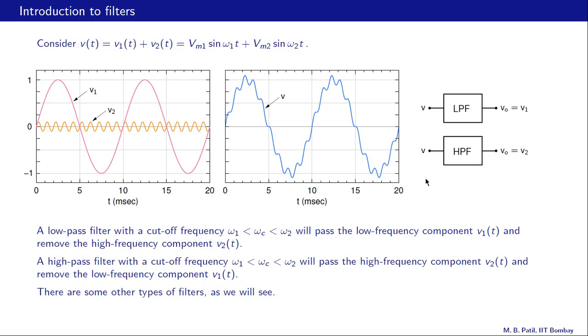Okay, so let us see what happens when this same input voltage is now applied to a high pass filter. And let us say that we choose the cutoff frequency of the high pass filter to be between these two frequencies. Then what happens is the high frequency gets passed and the low frequency gets rejected, and therefore at the output of the high pass filter we have VO equal to V2, that is the high frequency component.